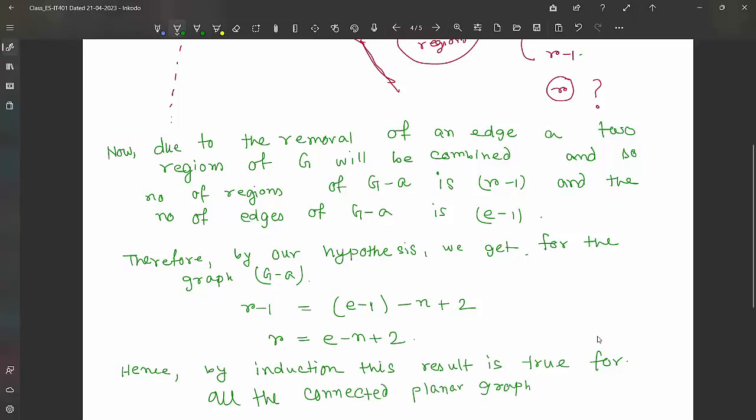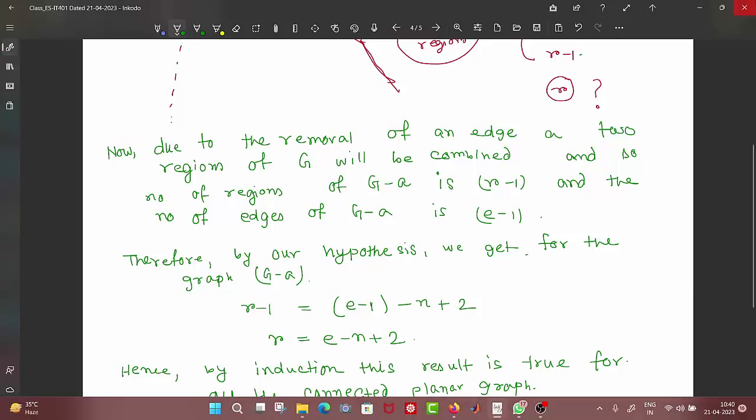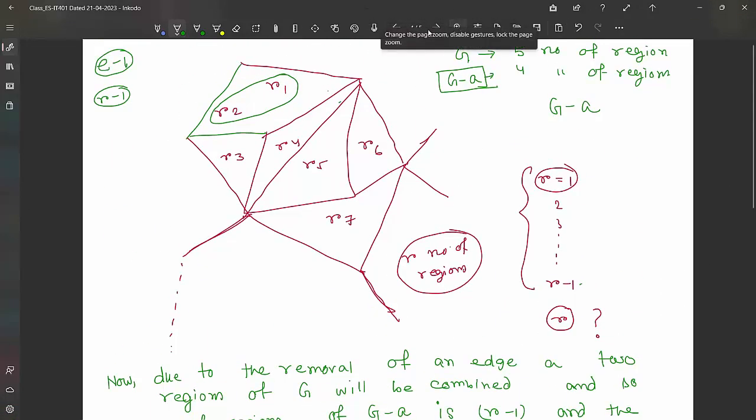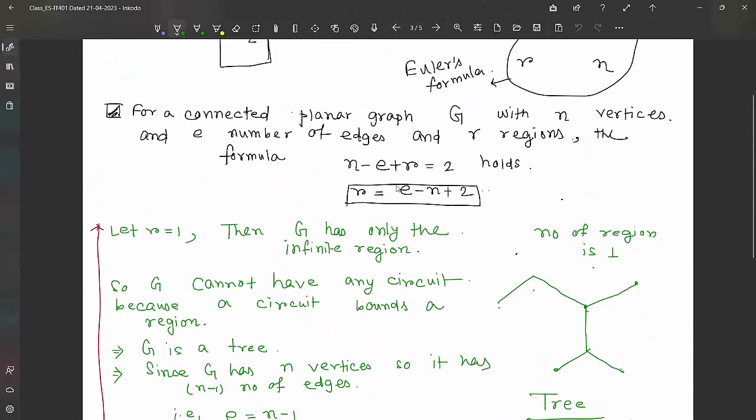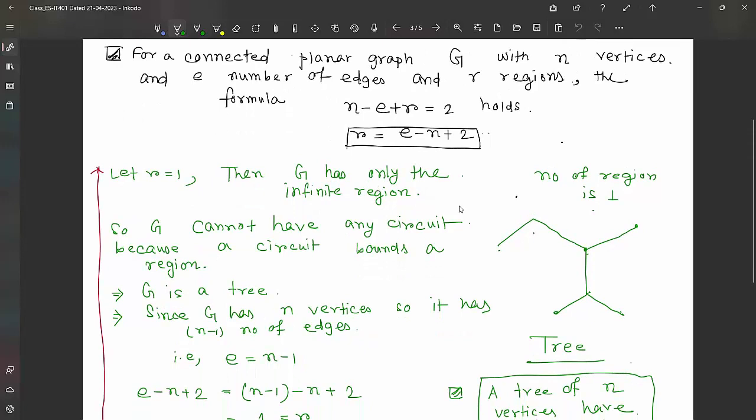So now just check the algorithm of this proof. So from where do we start? So first we start with R is equal to 1. That means total number of region is 1. That means only one infinite region is there. So no bounded region is there, and that means there is no circuit. And since there is no circuit, that means it is a tree.